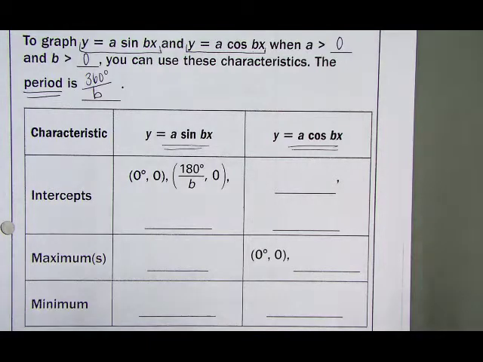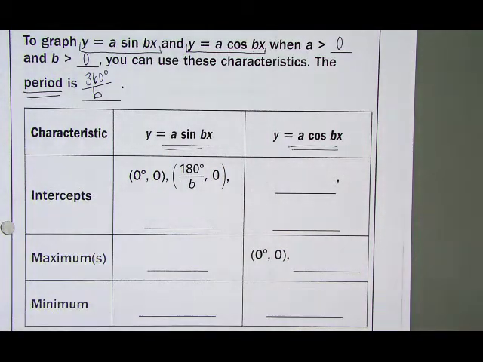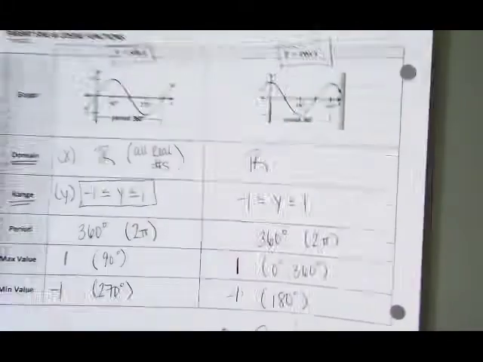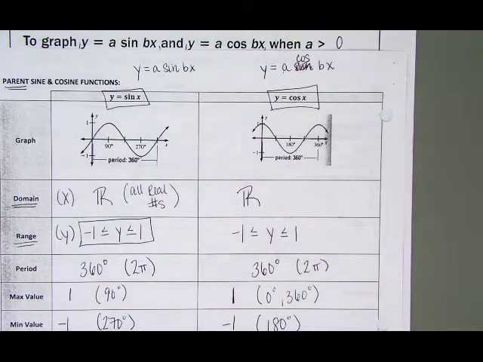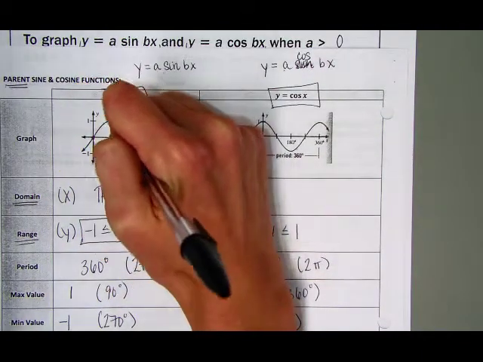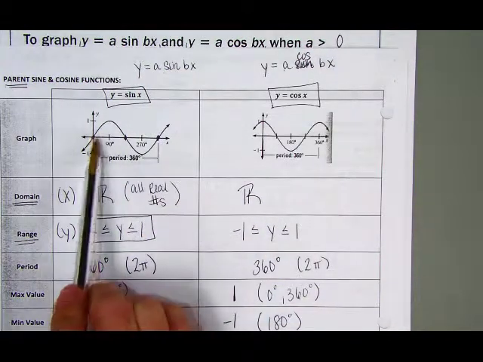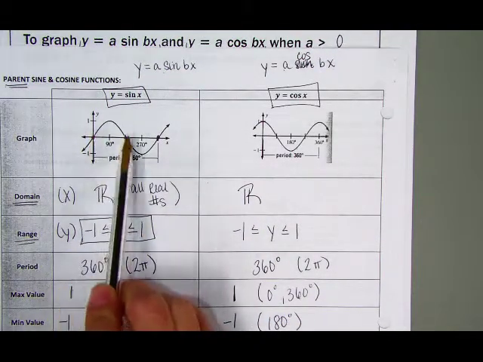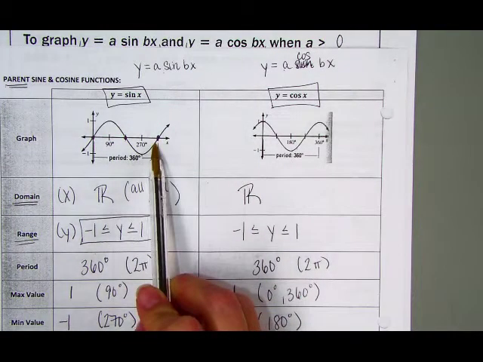So if we look at our characteristics for our sine value, going back to our sine value on the other page, intercepts means where our graph crosses our x-axis. Our intercepts for sine happen in 3 spots. Our graph crosses at 0 degrees, 180 degrees, and 360 degrees.